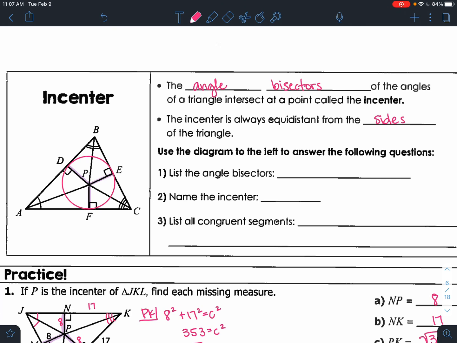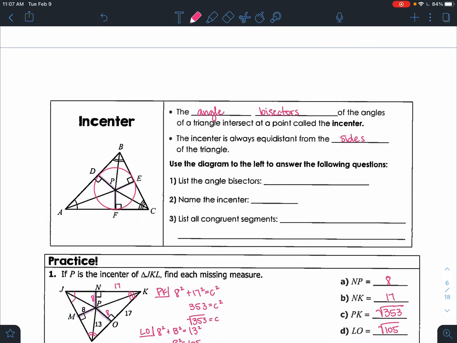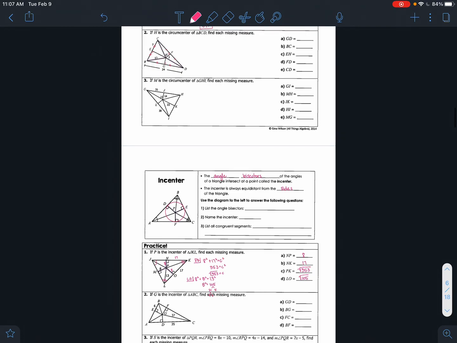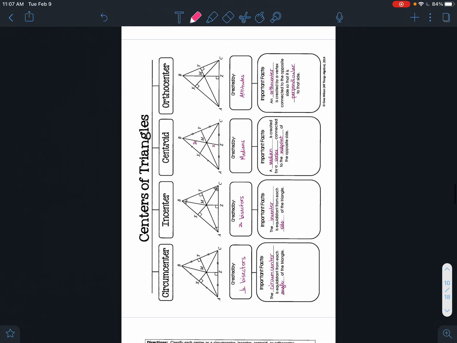All of these things are going to be very important for you to memorize whenever you're working on your vocabulary. There are a few pages, including the very first page of this document, that will help you to learn that. And then also, if you move down a little bit, this page 10 will also help you to compile your info over the course of day 7 and 8 in our notes.